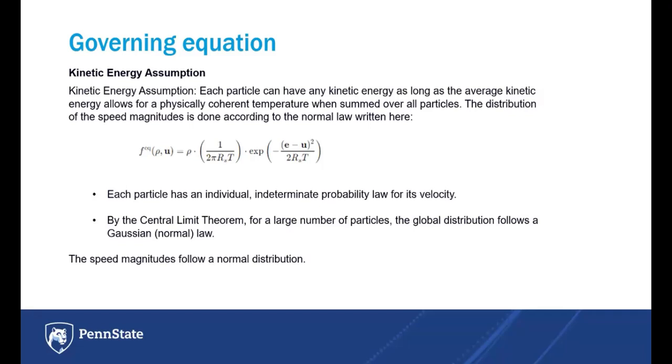Thus, the distribution of speed and magnitudes is done according to the normal law right in here. You can see this function. This distribution law is called the Maxwell equilibrium distribution, valid for a perfect gas.